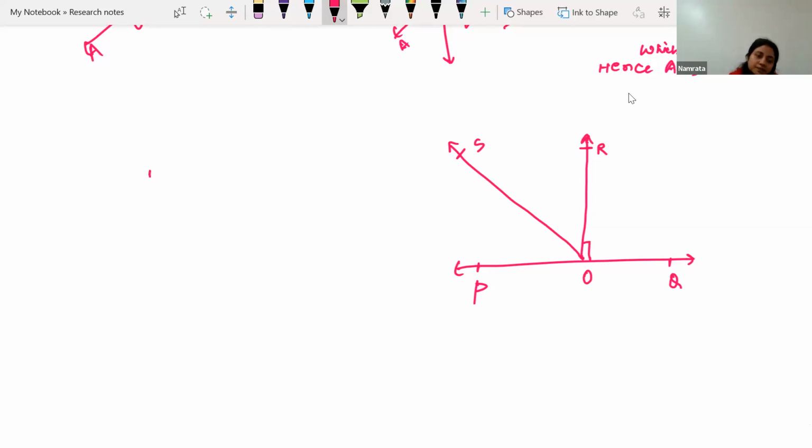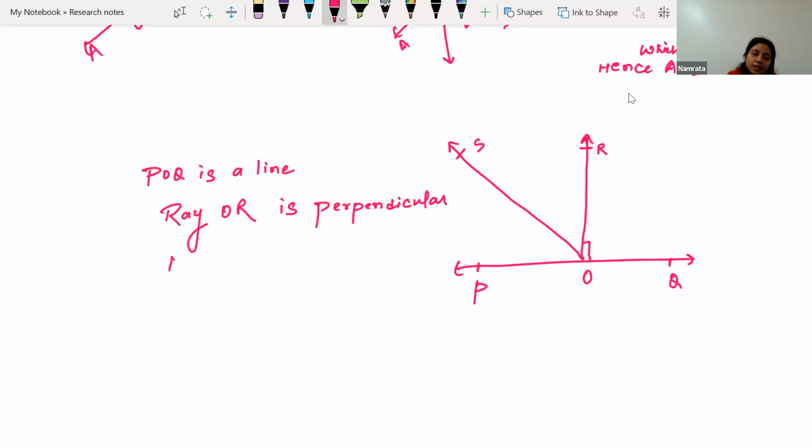Let me write what is written in the question, I am just copy pasting that. Okay, POQ is a line. Ray OR is perpendicular to the line PQ.